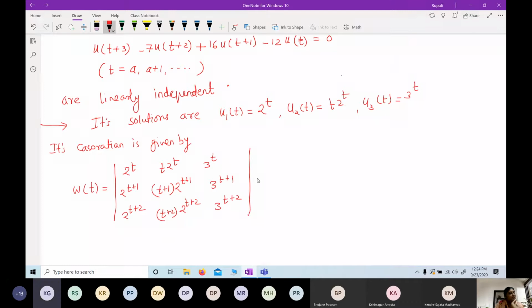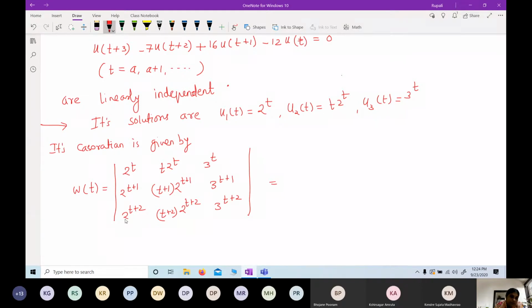If we simplify this determinant, what will I get?